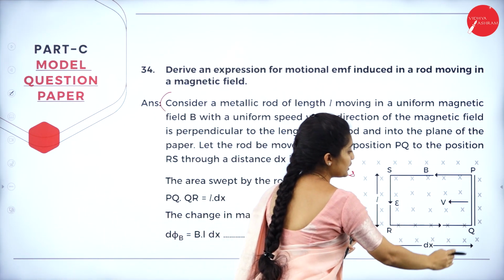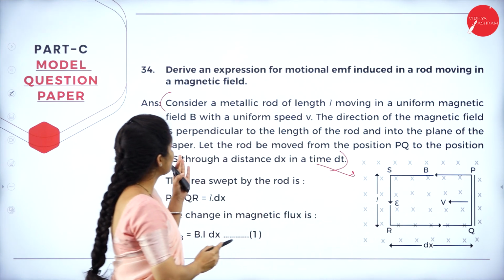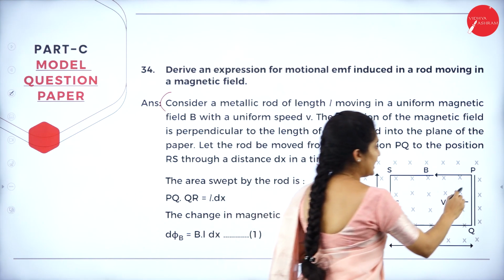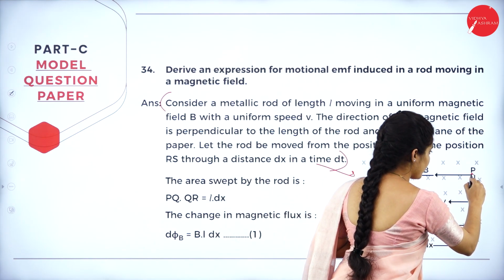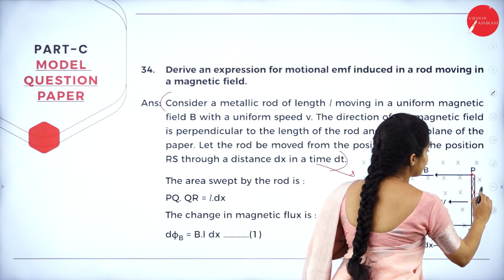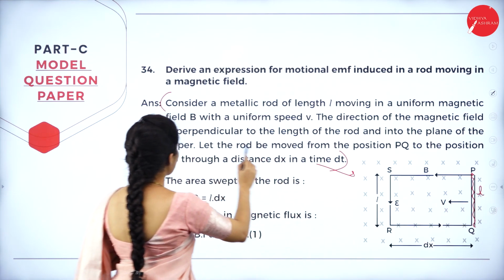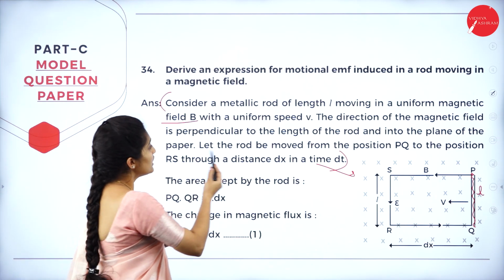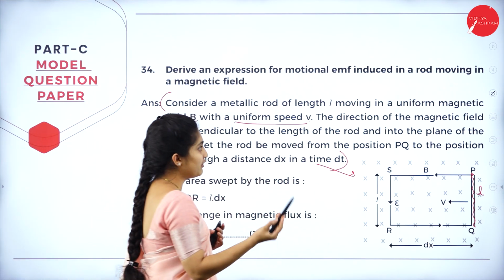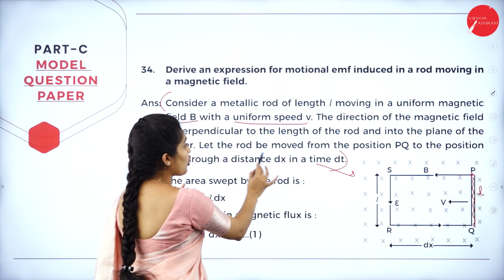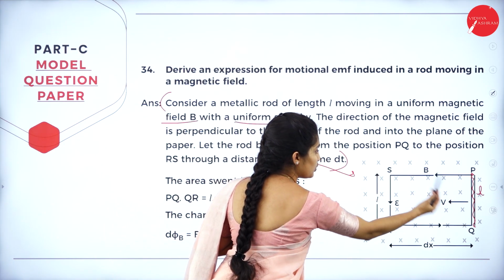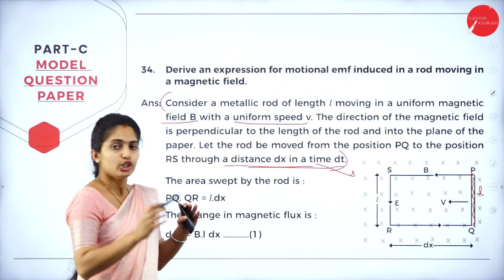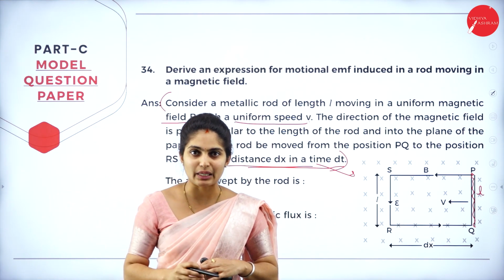A uniform magnetic field is being produced as given here, and a rod of length L is moving in it. The field is B, the uniform speed is vector V, and let the rod be moved from position PQ to SR, covering distance dx in time dt. These are the main key points.